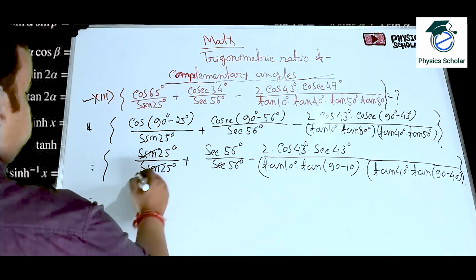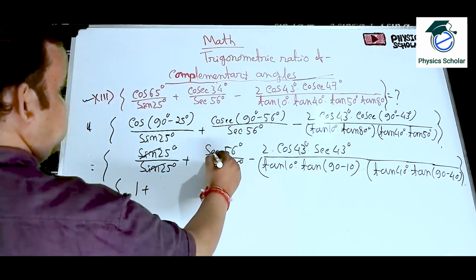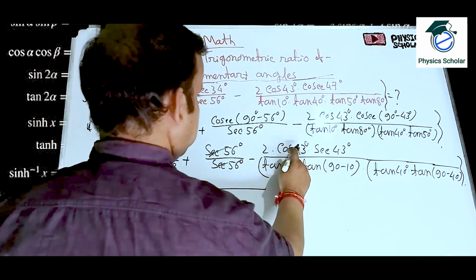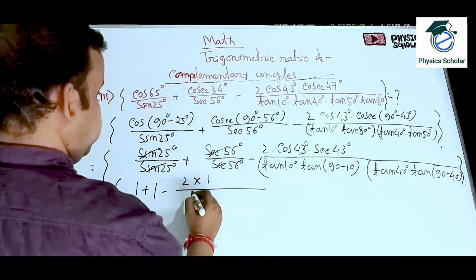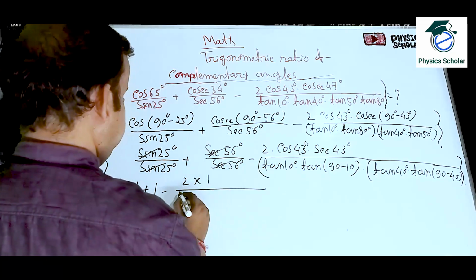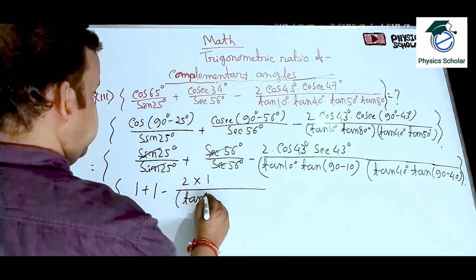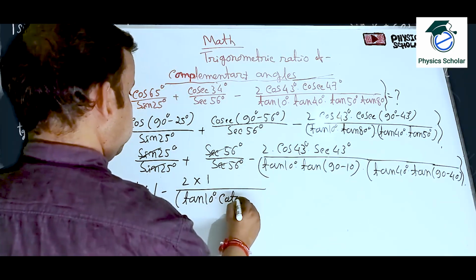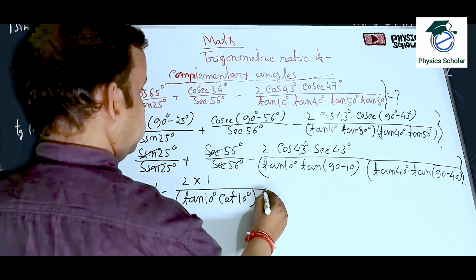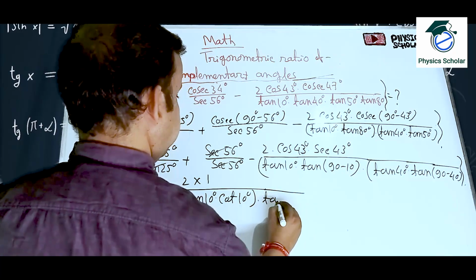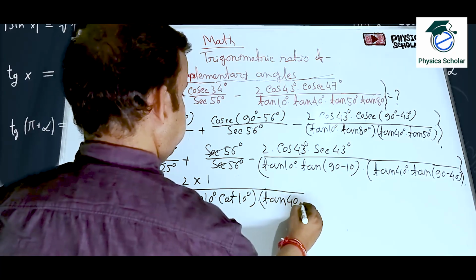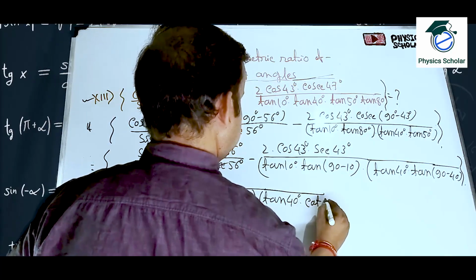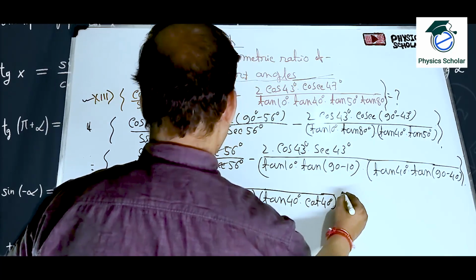So this will be cancelled, so 1 plus this will be cancelled, 1 minus 2 into cosec theta into sec theta means, 1 divided by tan 10 degree into tan(90 minus theta) means cot 10 degree, clear, into tan 40 degree into tan(90 minus 40) means cot 40 degree, clear.